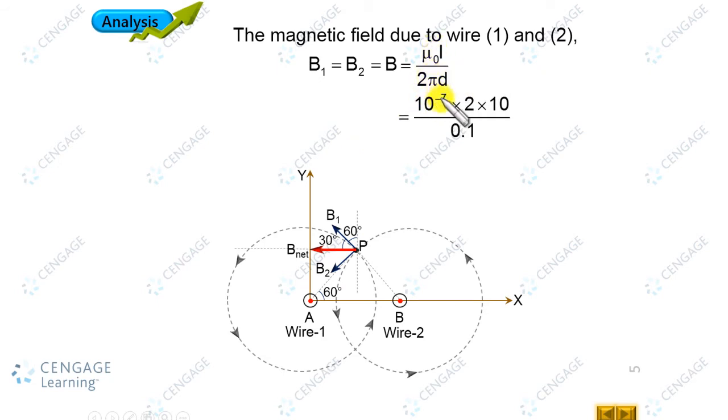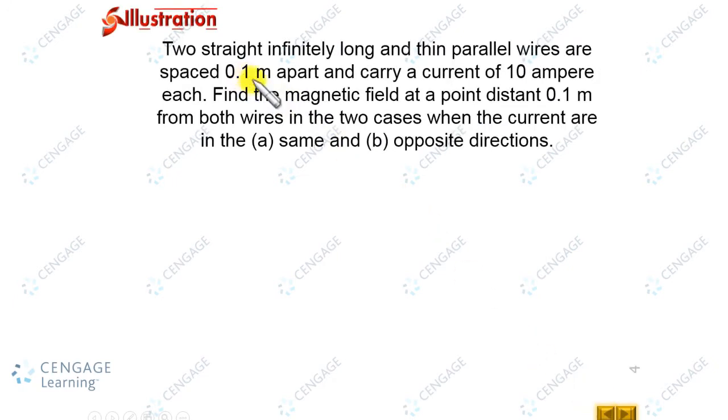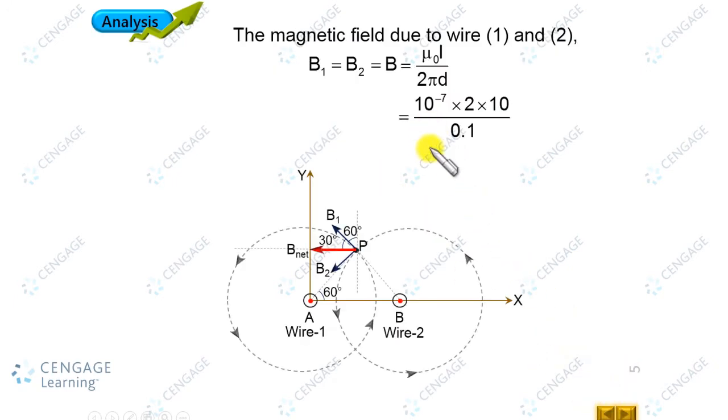We know mu naught divided by 4 pi is equal to 10 to the power minus 7, so mu naught divided by 2 pi should be equal to 10 to the power minus 7 multiplied by 2, and the current is 10 ampere and the separation is 0.1 meter, right? Because the separation given here is 0.1 meter. So if we substitute these values, this is equal to 2 into 10 to the power minus 5 Tesla.